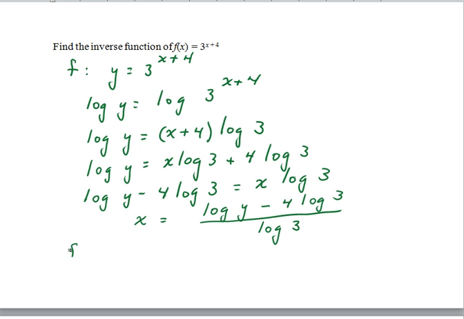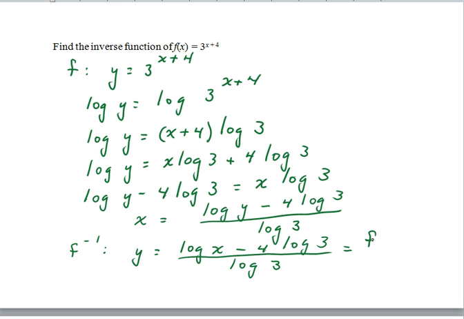So the two-variable equation for f inverse would be y equals log x minus 4 log 3 all over log 3. And this expression is also equal to f inverse of x.